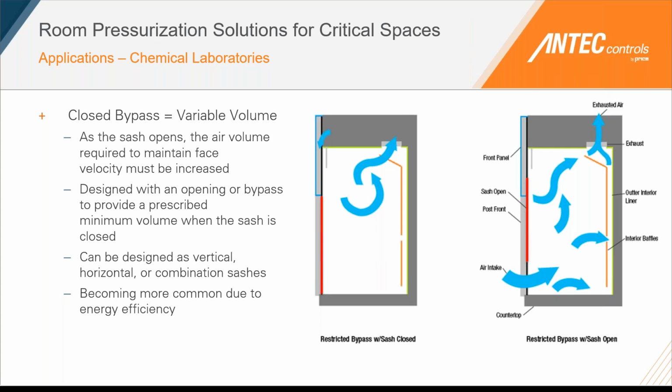Typically, these hoods are more energy efficient because when that sash is closed, we're still able to maintain containment inside that hood while also reducing the airflow, essentially allowing us to save energy by having the fan operate at a lower set point.